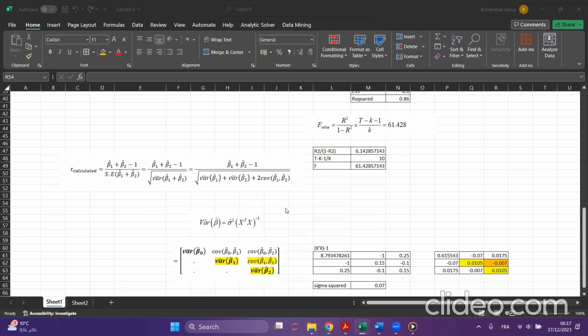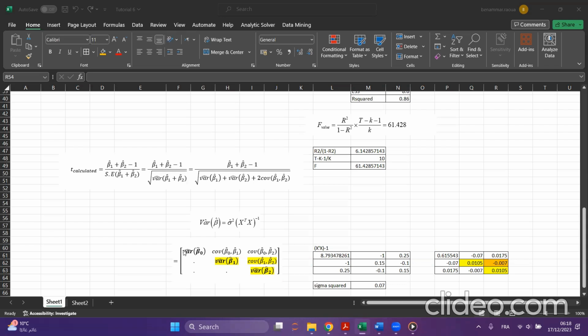So we start by calculating the variance-covariance matrix, which has this general format. We have the variances in the diagonal, and we have the covariances here. The values we're going to need are the variance of beta 1 hat, the variance of beta 2 hat, and the covariance between beta 1 hat and beta 2 hat.